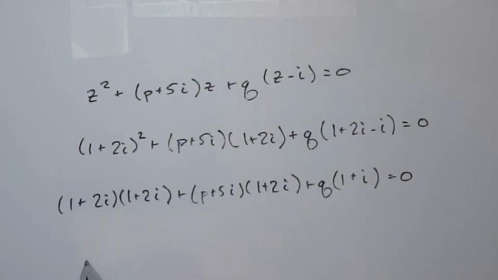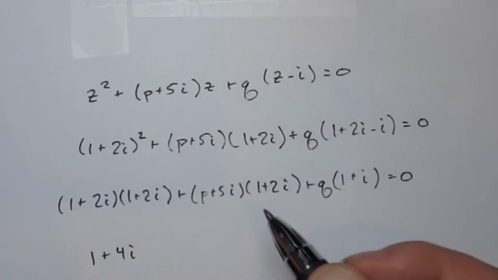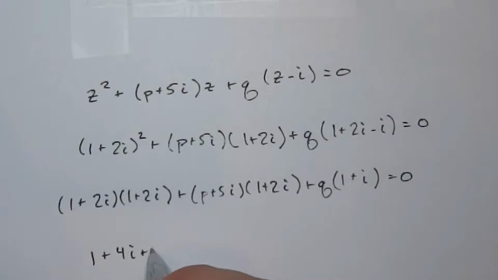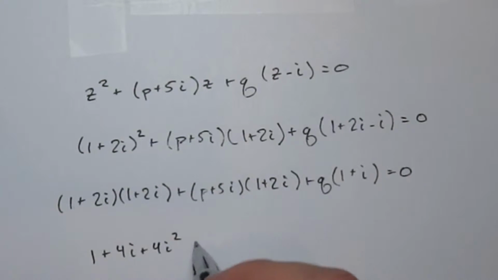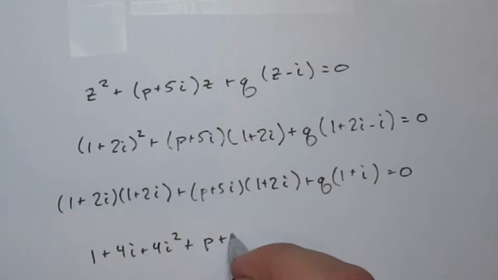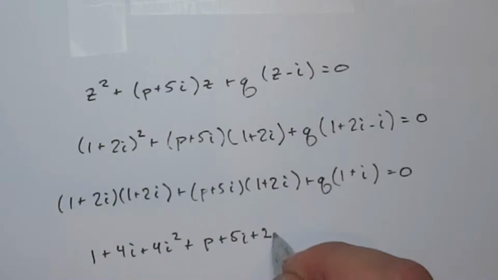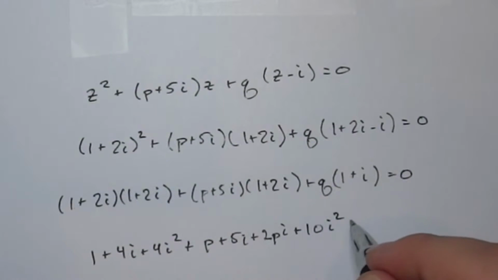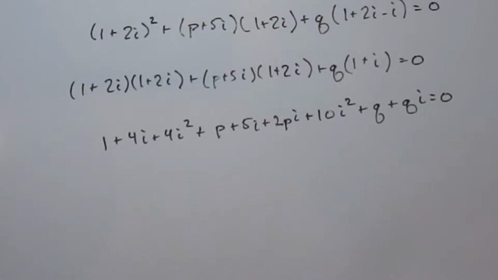So 1 times 1 gives me 1, 2i plus 2i gives me plus 4i, 2i times 2i gives me plus 4i squared, plus p times 1 is p, 5i plus 2pi, so those you can't add directly, so I'm just going to write plus 5i plus 2pi, and now 5i times 2i gives me plus 10i squared plus q plus qi equals 0.